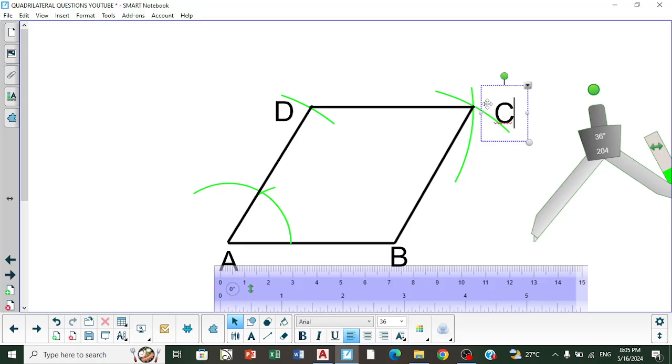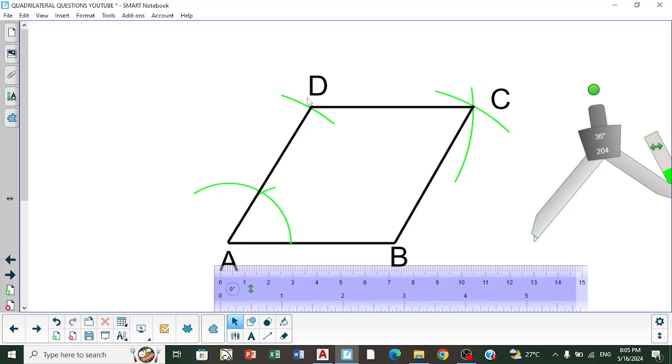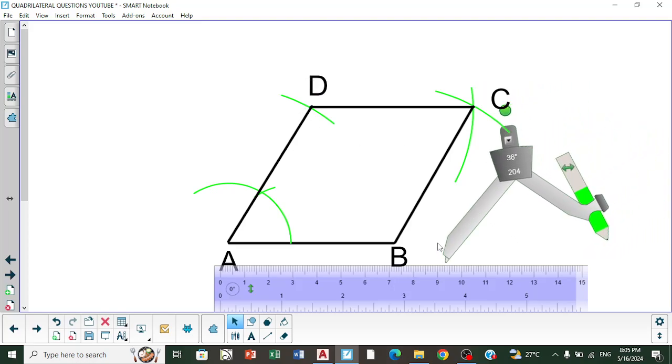And name my point as T. Alright, so this is going to give me my rhombus constructed via the use of my compass. Alright, notice my object lines and my construction lines are differentiated. Alright, so I have some questions for you.